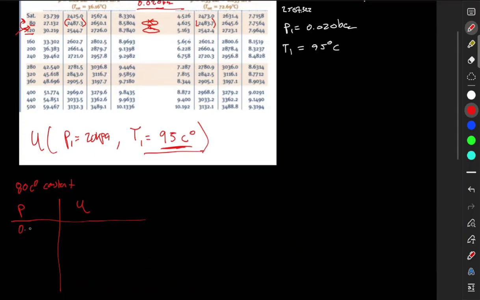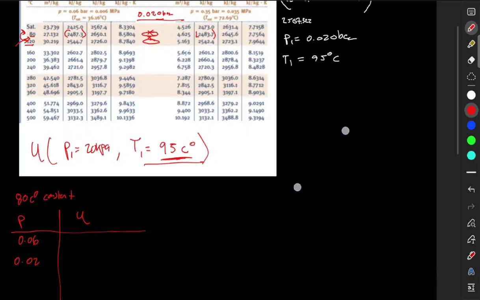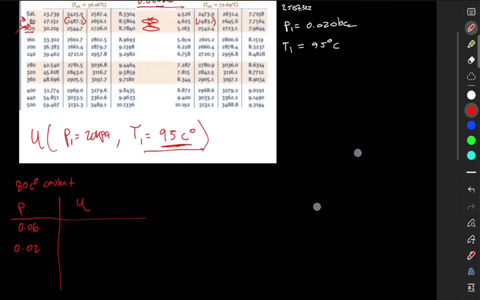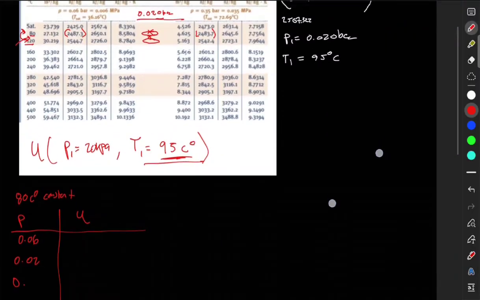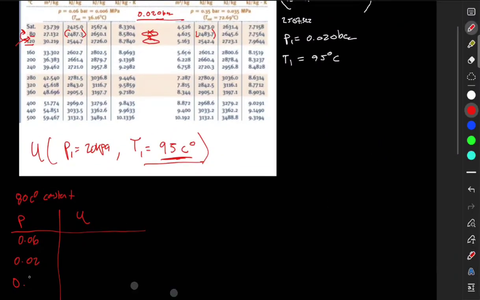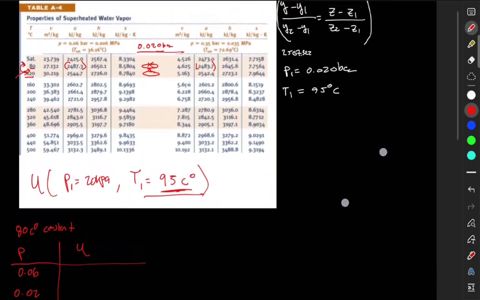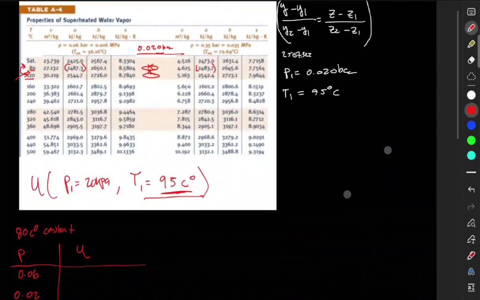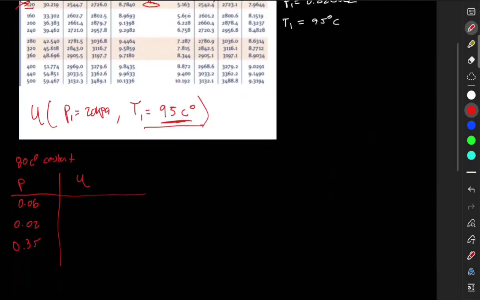So 0.06, 0.02, and 0.35. I'm mistaking. I'm just checking that it's 20. Okay. Oh, sorry. This is not 0.2.